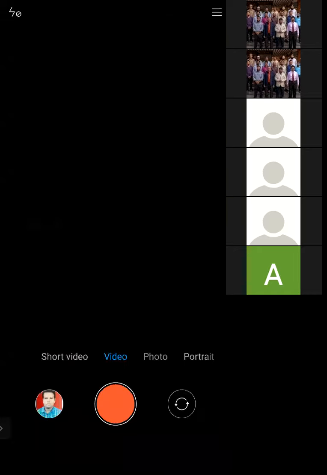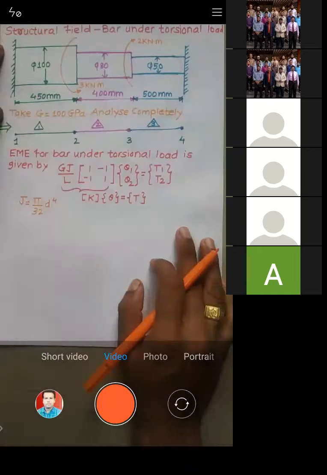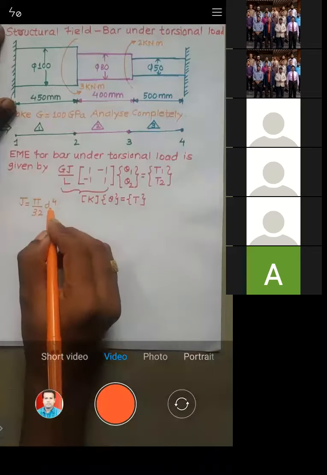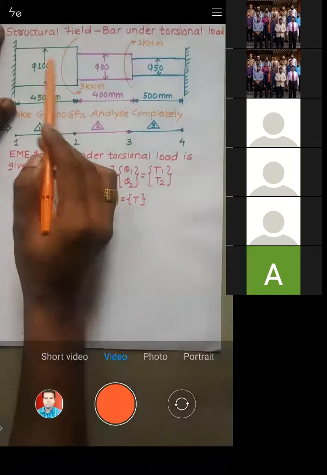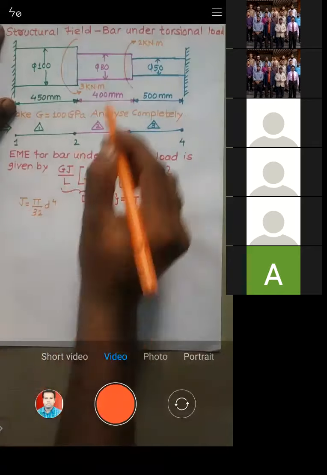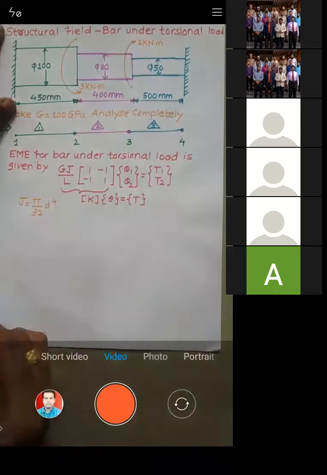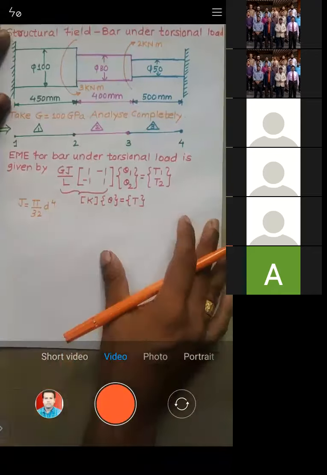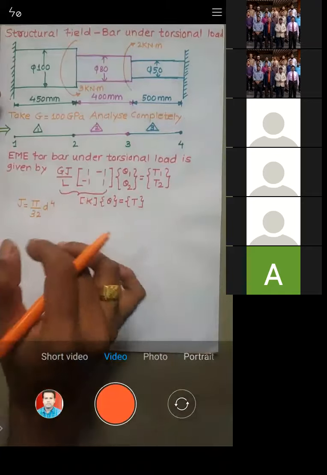Using this formula, we put the first diameter, that is 100, and you will get J1. When you put 80, you will get J2. So just do these calculations. Now we are starting with the calculation.